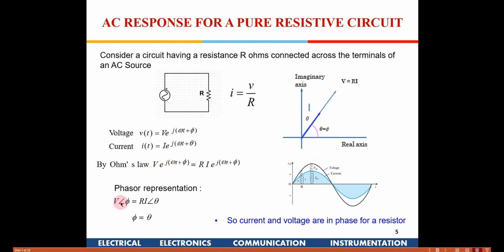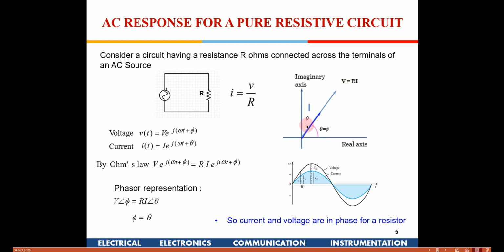The voltage is given by V e to the power of j(omega t plus phi), and the current will be given by I e to the power of j(omega t plus theta). In this case phi and theta are exactly the same, so there is no phase difference.